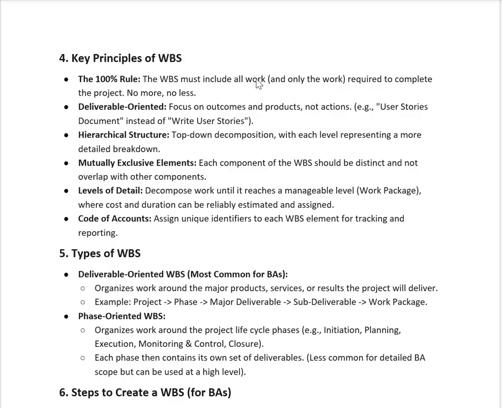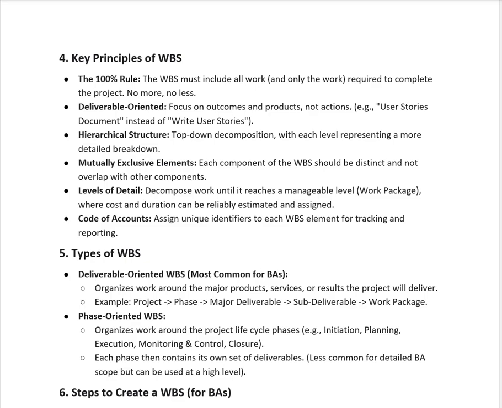And then the level of detail: it should decompose the work until it reaches a manageable level, tracking each progress with the help of the RTM, requirement traceability matrix, where the cost and duration can be reliably estimated and assigned, how much time it requires.